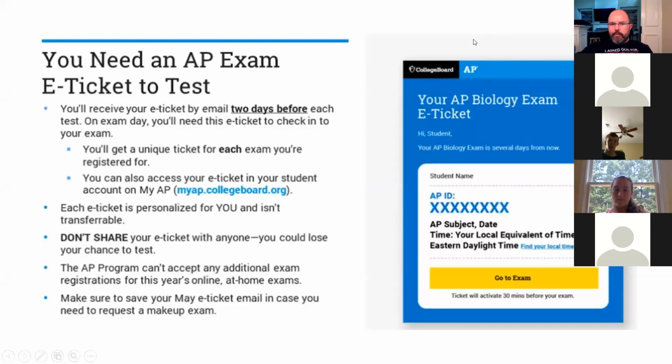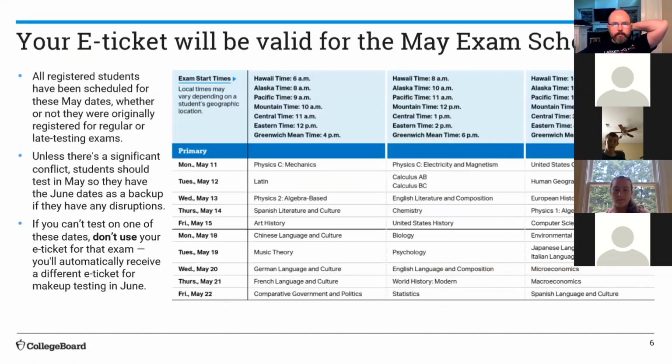If for some reason you have a problem with your exam, your ticket is your way to register for a retake. That means you don't do it. If you don't take the exam, you don't use this ticket, that allows you to be able to register for the new session. We'll talk about that specific stuff as well.